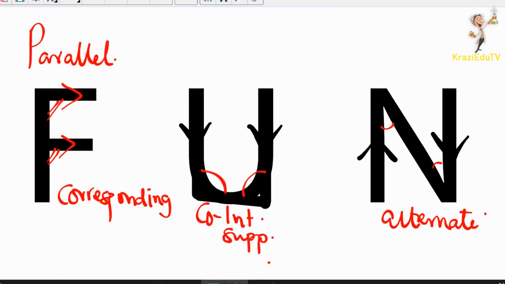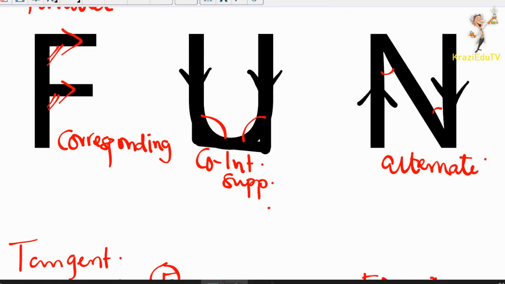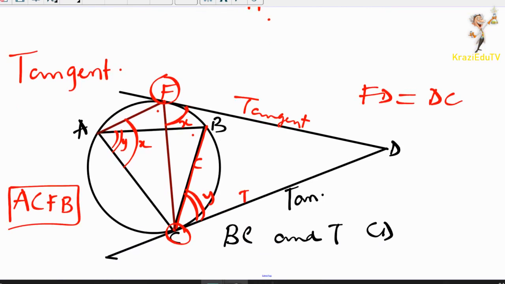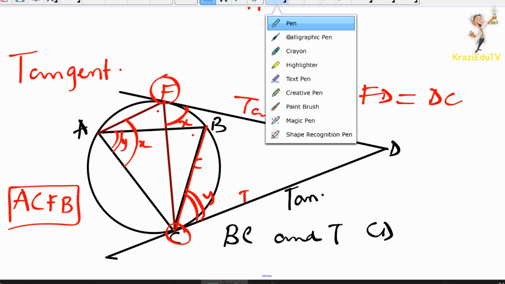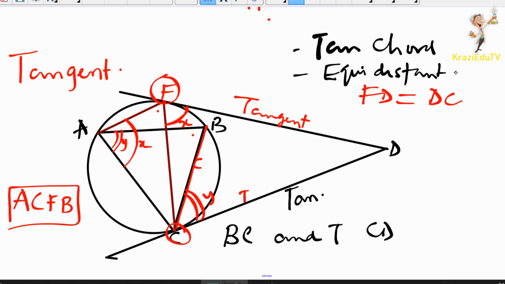Then we look at our parallel lines, we talk about corresponding, co-interior, alternate, and then we talk about our T, which is our tangent, and we talk about our tan chord and equidistant chords. Chords drawn from the same point are equal.